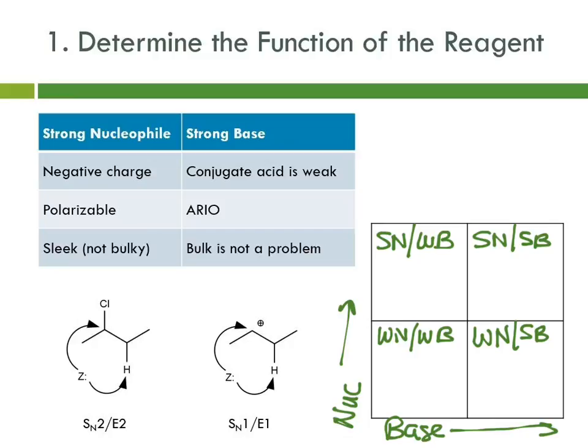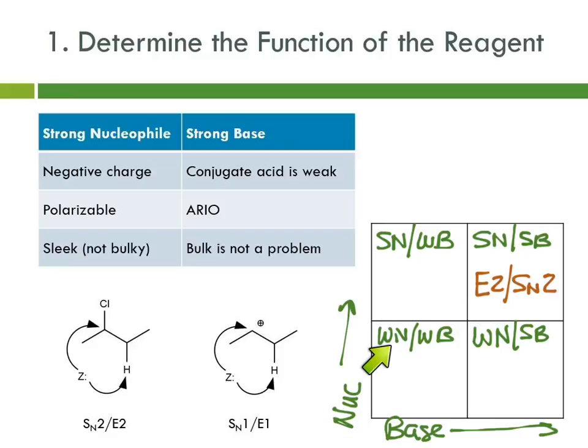And so we're going to see E2 and SN2 will most likely be competing in this situation. This reaction is faster in general than the unimolecular because here we're waiting for the carbocation to form. That's the limiting step in the mechanism, and that is slow. So if we have a strong nucleophile, strong base, we're going to get the bimolecular mechanisms predominating.